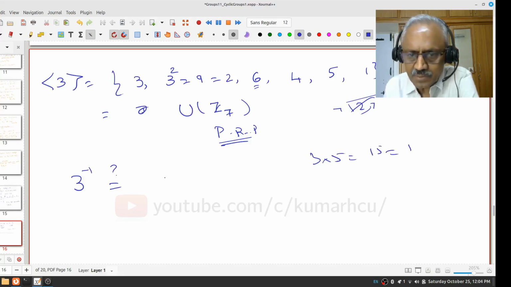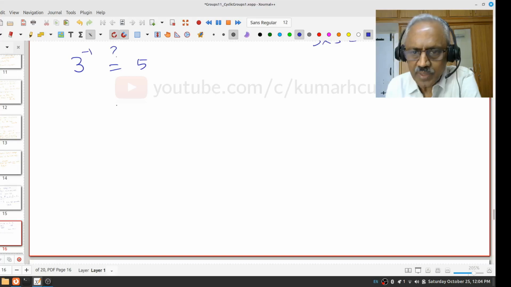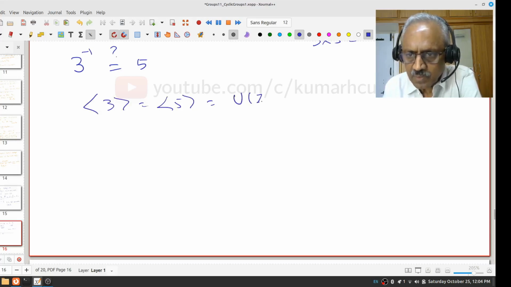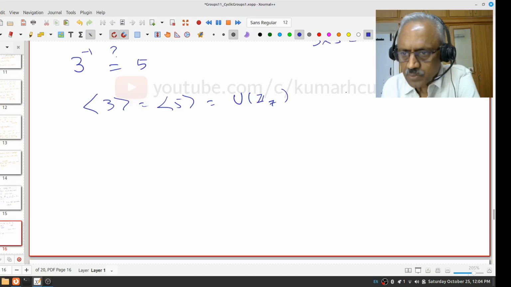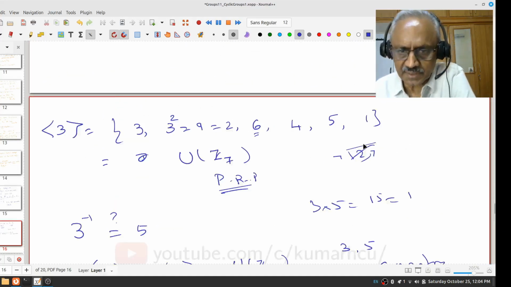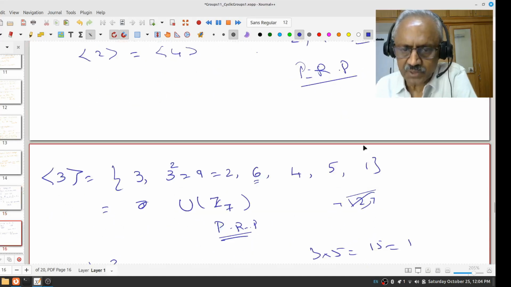You understand? Therefore the inverse of 3 is 5, which is also an element in U of Z7. Therefore 3 and 5 are generators, whereas 2 is not a generator, 4 is not a generator.